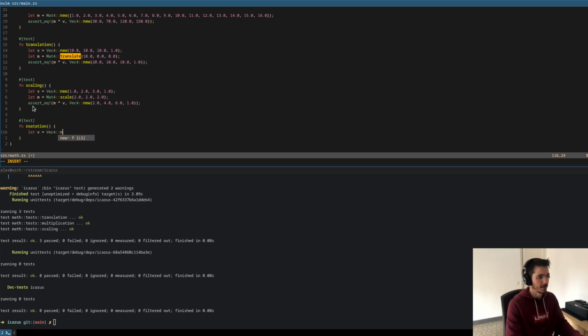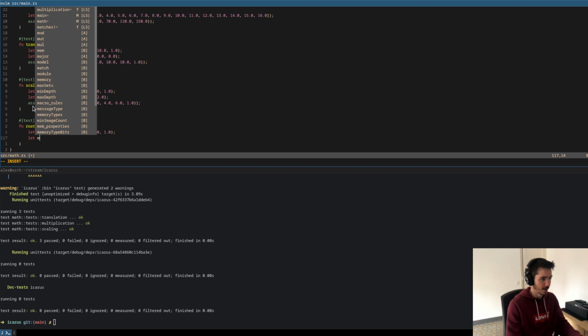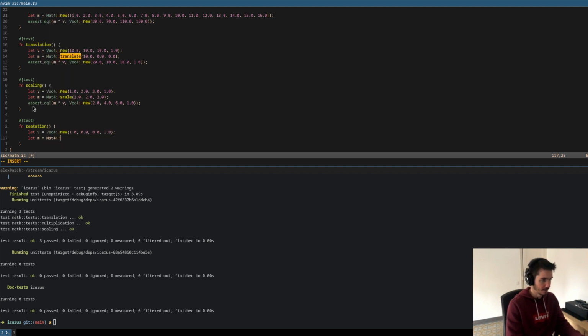So maybe 1, 0, 0, 1. Let's have the rotation M be rotation. And we want to rotate 90 degrees. So we have a vector to the right to rotate it 90 degrees so it looks up. 90 degrees, we need to transform it to radians, which is pi divided by 2.